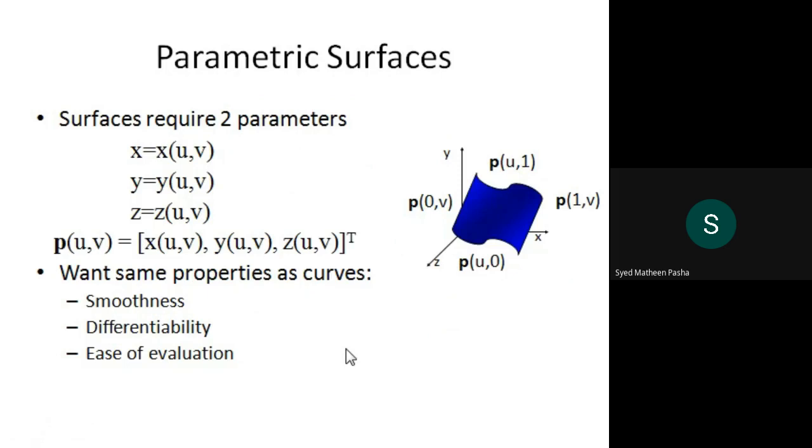Then similarly, we have parametric surfaces as well. We studied parametric curves, and similarly we have parametric lines as well as parametric surfaces. How are parametric surfaces defined? Parametric surfaces are defined based on two parameters, that is u as well as v. In parametric curves, we define just one parameter, u.